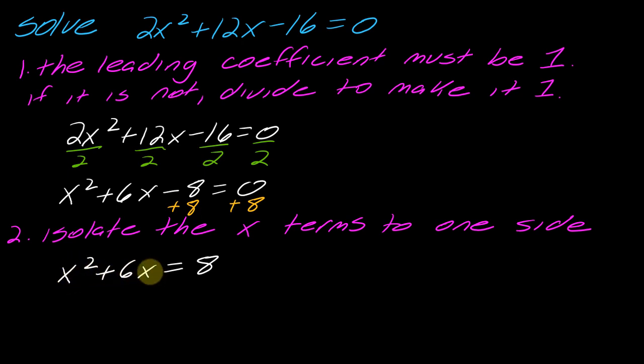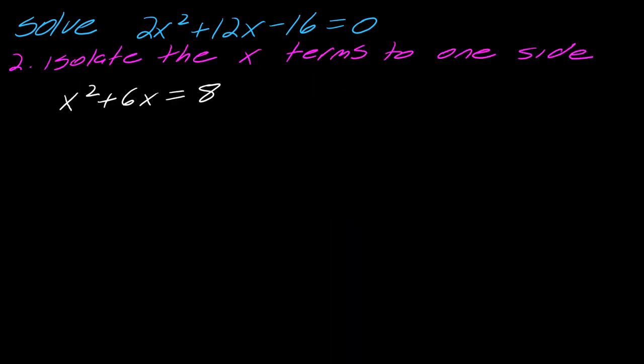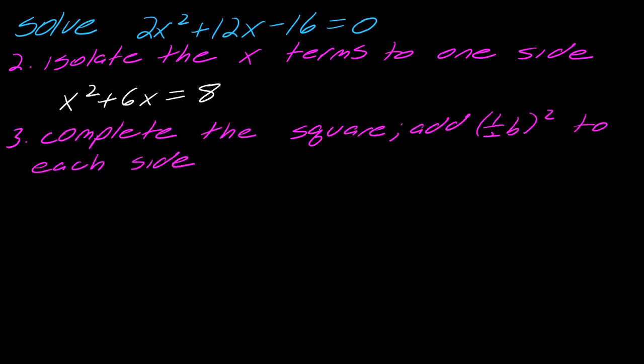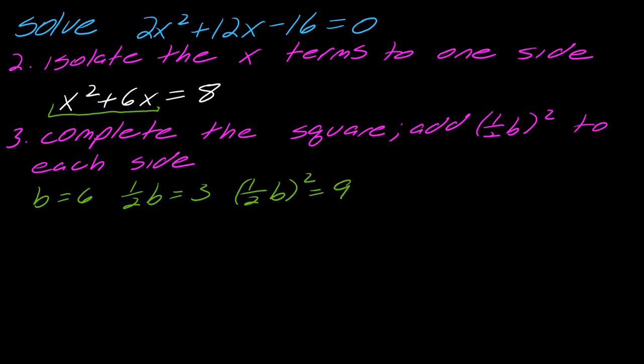So let me clear some space. And now you want to complete the square on this problem. So I need to complete the square on this part here. So using that part, my b is equal to 6, my half b is equal to 3, and my half b squared is equal to 9.